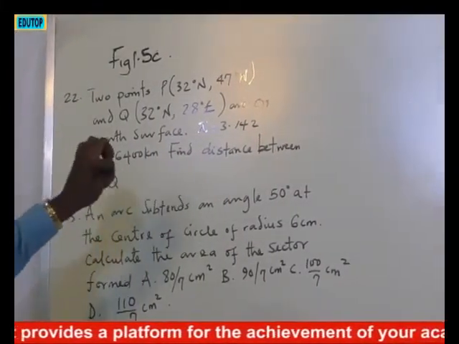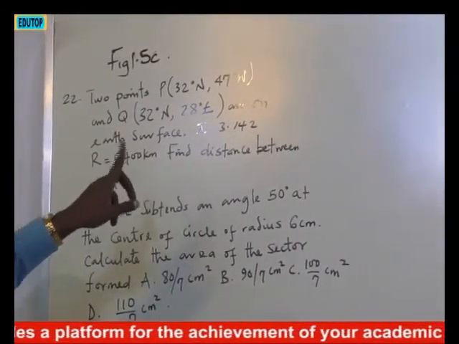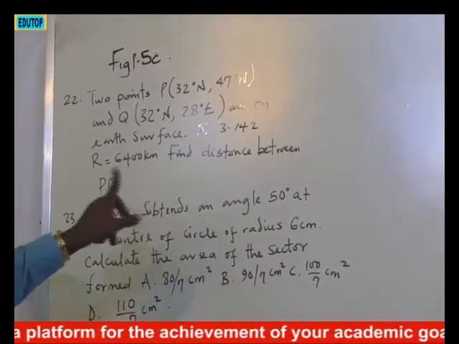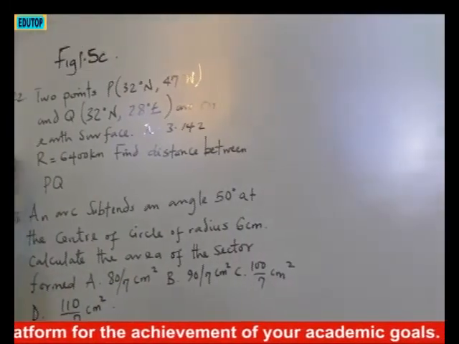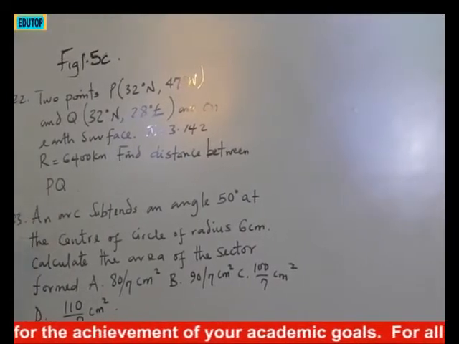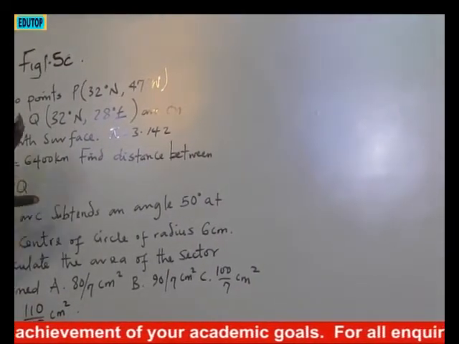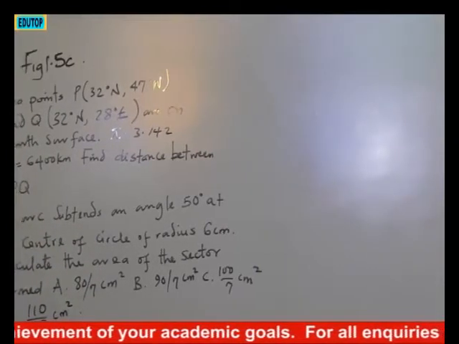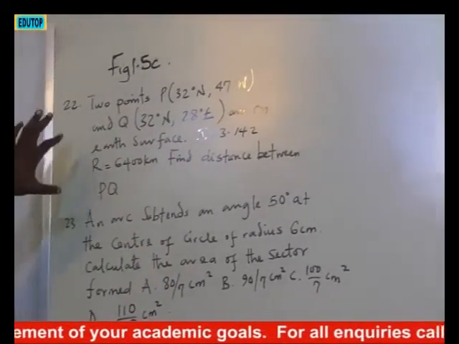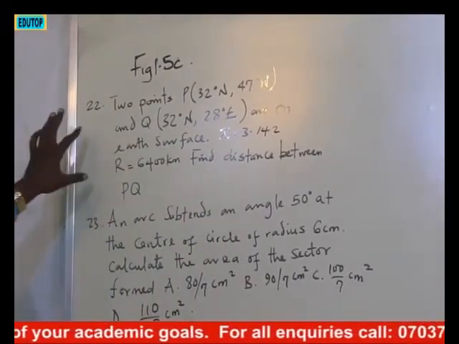Now, question 22. 2 points P and Q are on Earth's surface. Find the distance between PQ. So this one is also longitude and latitude. If you check the objectives of the UTME concerning mensuration, we discover that anytime they want to test longitude and latitude, it will always be distance.